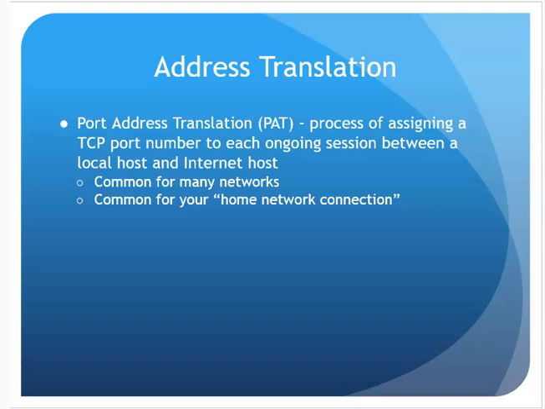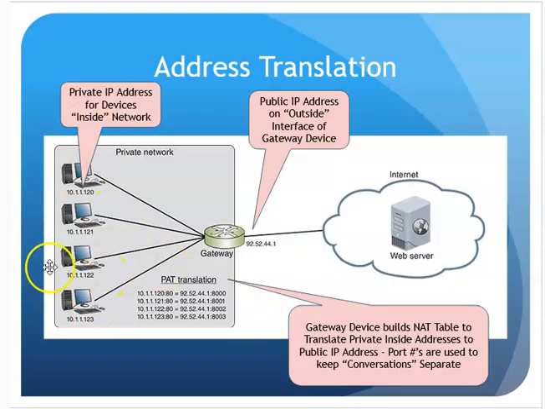And there's different forms of translation. Port address translation is commonly what gets used at home. So with port address translation, your private scheme inside, when it hits the router, gets converted to the outside IP that comes from, again, a place like Comcast, Verizon. And what it does is it keeps these separate by using port numbers. These are all going to get translated to this IP address outside, and it says, okay, port 8,000 would map to this computer. 8,001 gets mapped to this one. 8,002 gets mapped to this one, and so forth.